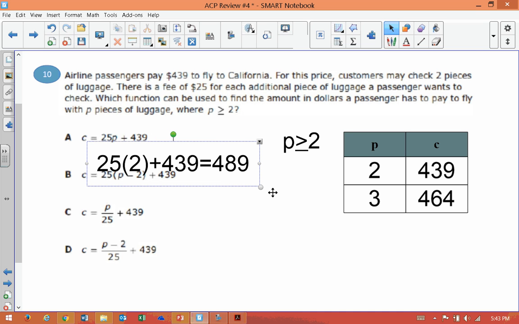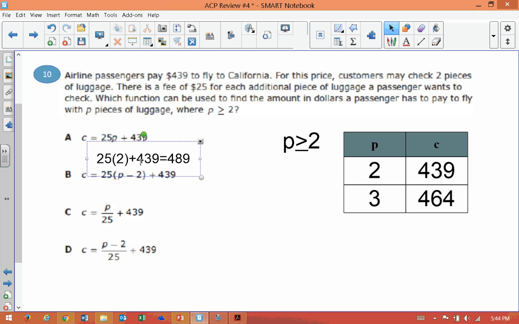So for 2 pieces of luggage, there is not a match at all. I shouldn't be charged extra for 2 pieces of luggage. If I use equation A, I'm going to be charged an extra $50 for 2 pieces of luggage. So we throw that out. That doesn't work.